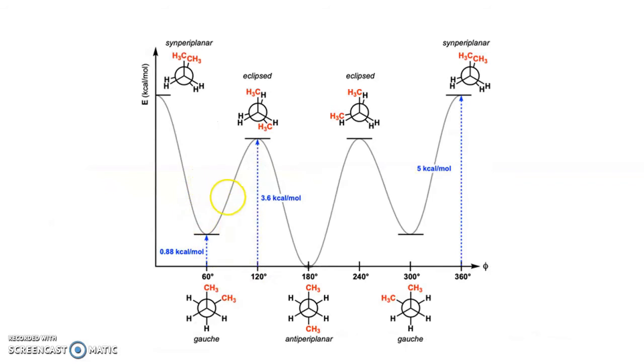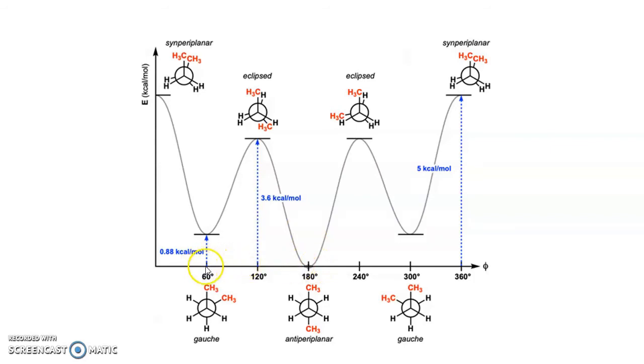Now, when we plot the energy profile diagram for these various conformations of butane, the energy profile diagram looks somewhat like this, with 1, 2, 3 minima and 1, 2, 3, 4 maxima. Out of the 3 minima, one has the least energy value.